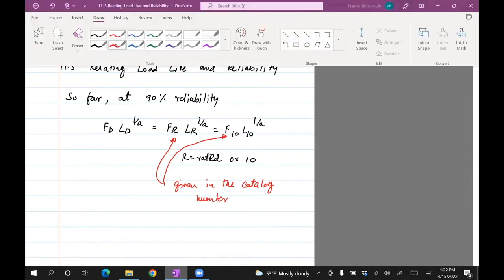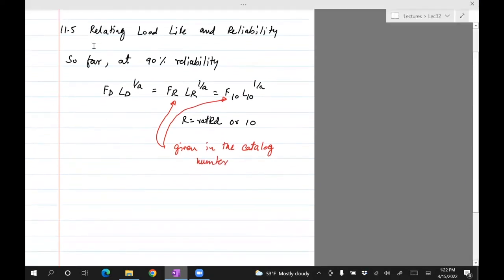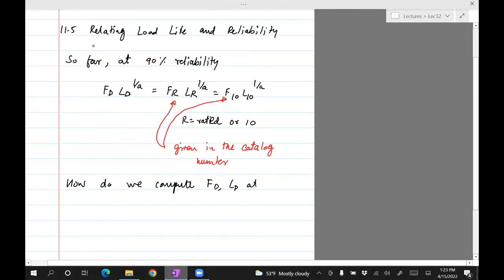Okay, now, as I said, the problem we are dealing with is that 90% reliability is not that great. What if you want to find the rated load or the life at 99% reliability, 95% reliability? So how do we compute FD, LD at 95% or 99% reliability?